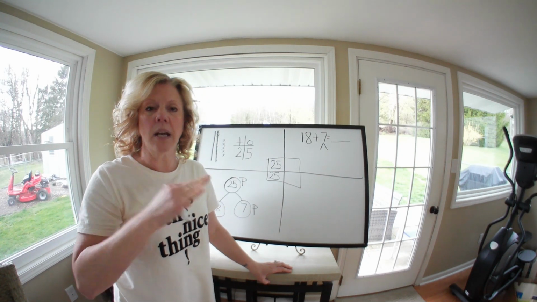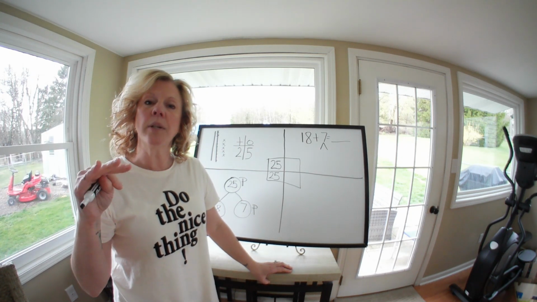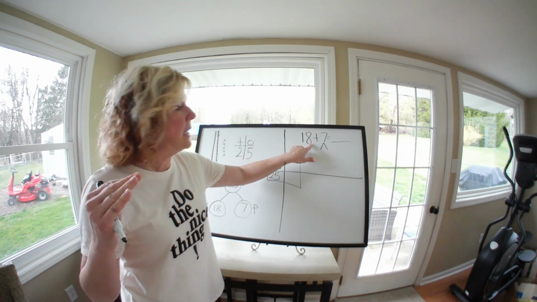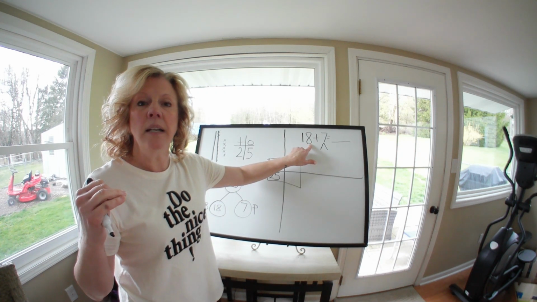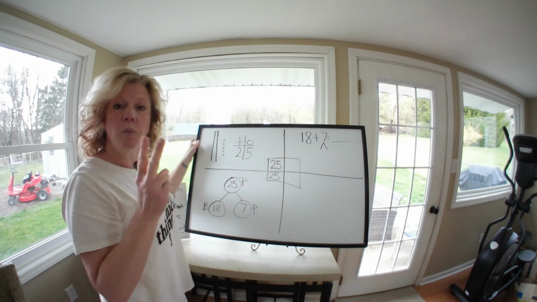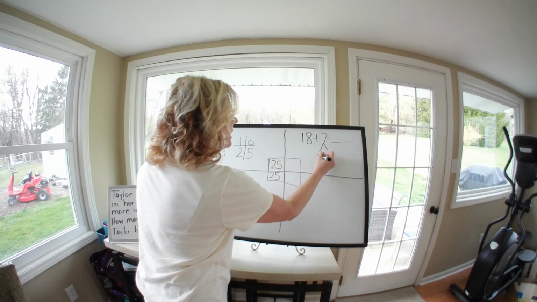Remember, those 10s are 10, 20, 30, and so on. So if I'm going to bring 18 up to a 10, it's going to have to go up to a 20. So how many do I need to give to the 8 to make it a 10? Well, let's look at our picture. In our picture, I added 2 more to make it a 10. So I'm going to make it 2 more right here.